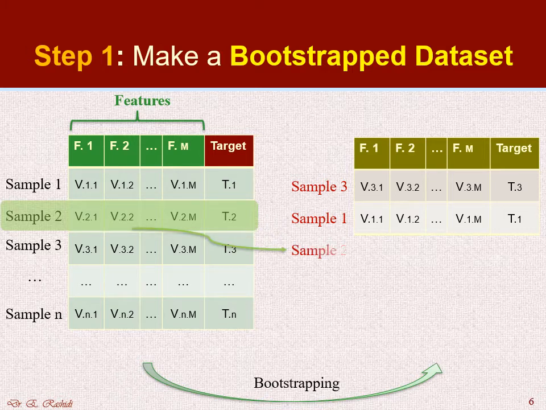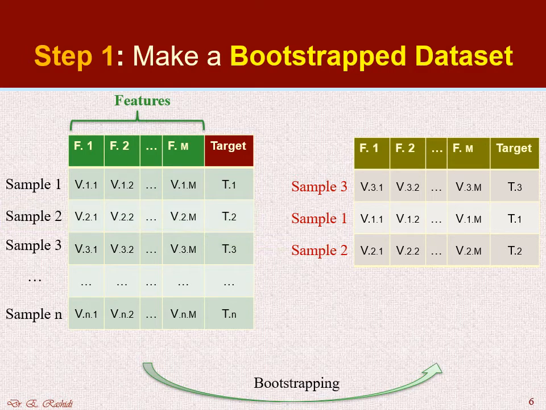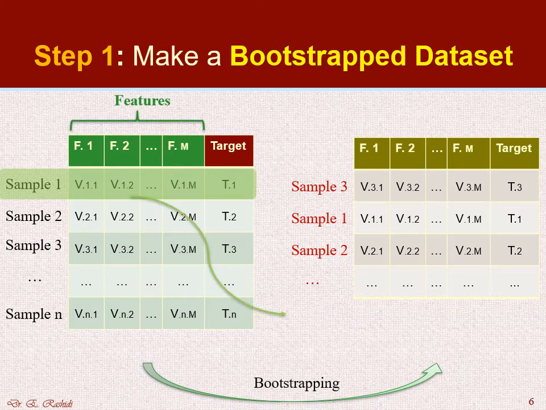We're going to put it after sample 1. And we're going to continue to do this, so on and so on. I'm going to do this one more. Suppose we selected sample 1 again. We put it here at the last row.